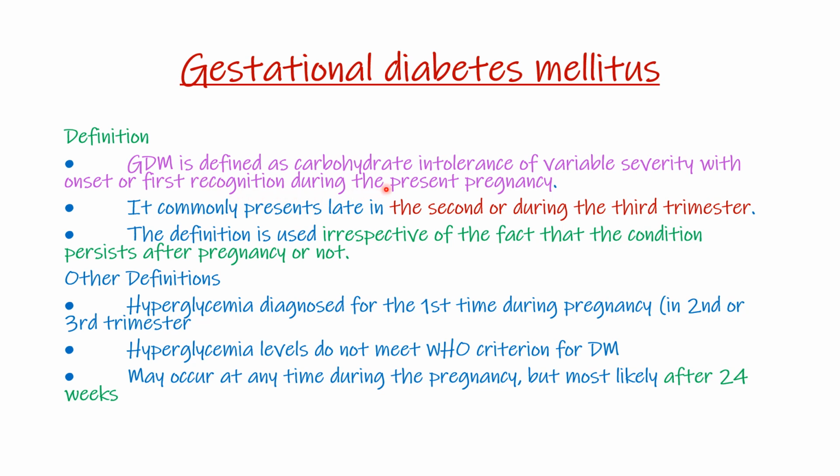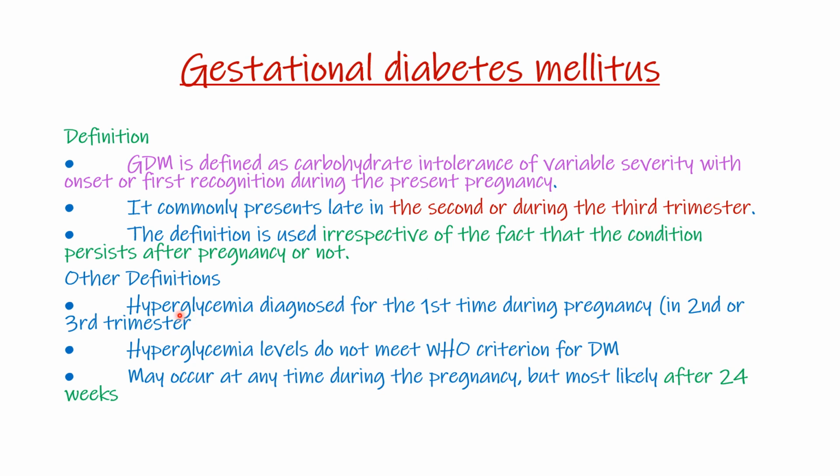So it is defined as carbohydrate intolerance of variable severity with onset, as I've said, or first recognition during pregnancy, and it's commonly present late in the second or during the third trimester. And then the definition is used, as I've said before, irrespective of the fact that the condition may persist after pregnancy or not.